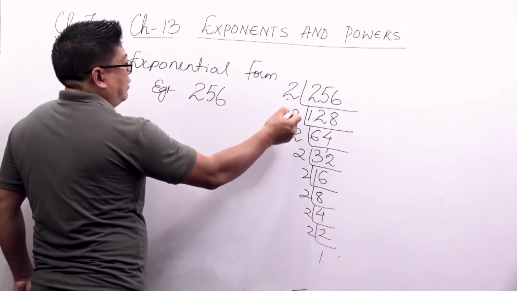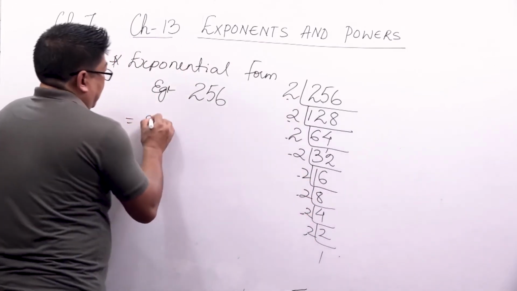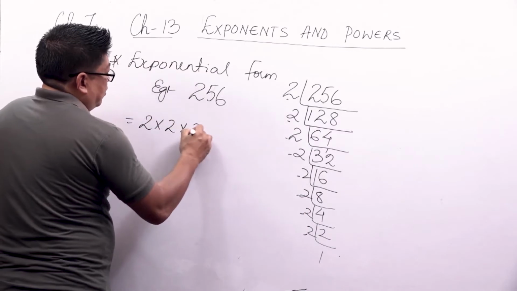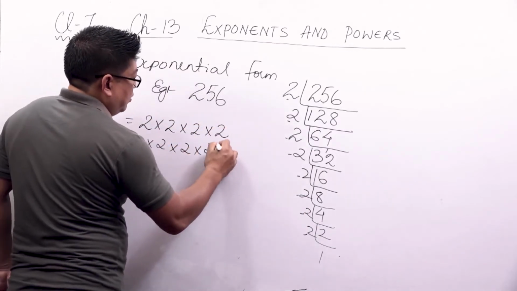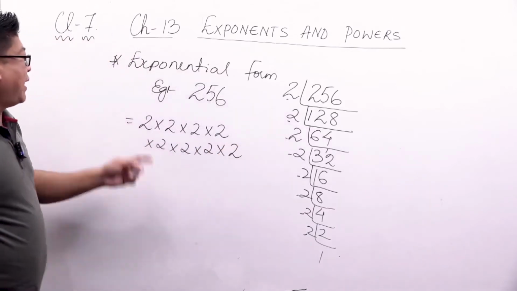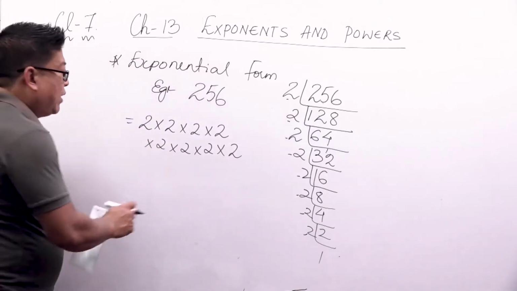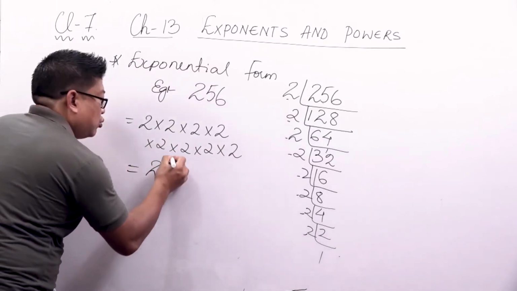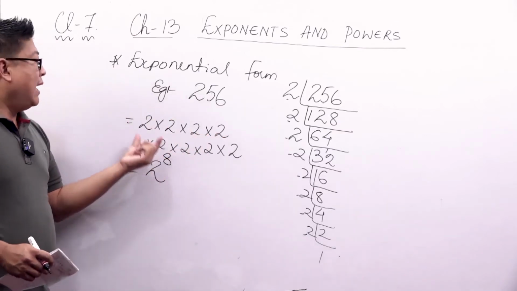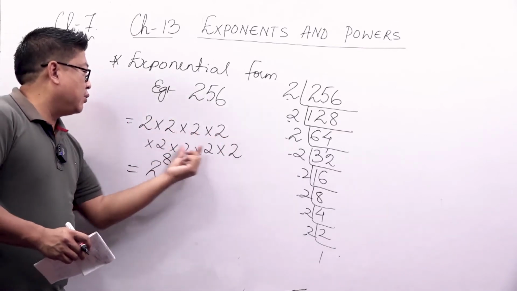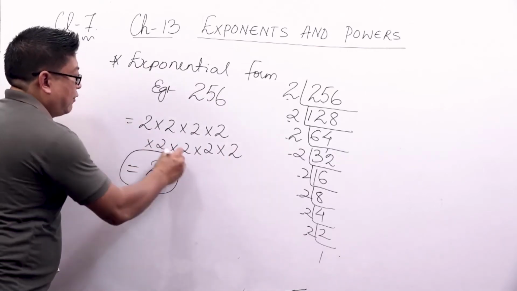So we have 2 into 2 into 2 into 2 into 2 into 2 into 2 into 2. Total we have 8 twos, so we will write this as 2 to the power 8. The number of twos will become your exponent, and the factors will be your base. So this is your exponential form, an example.